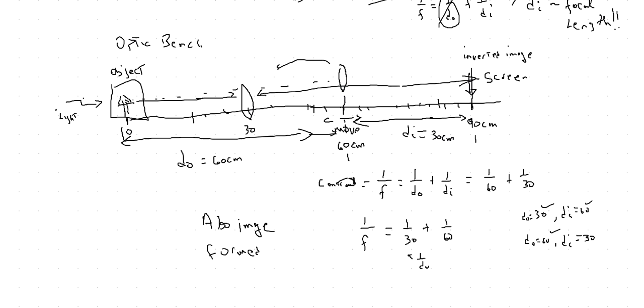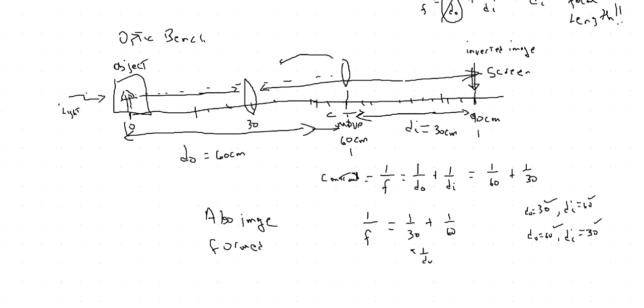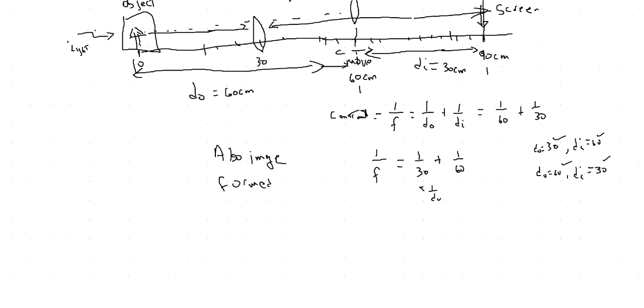Okay, all right. And so we're going to move the screen in lab to a bunch of places, and if we move the screen, then we have to move the lens and see where we have to move it to get our two images. So there'll be two sets of points for every position of the screen.